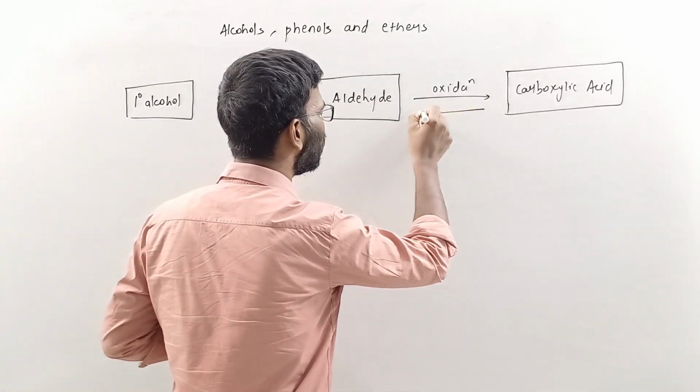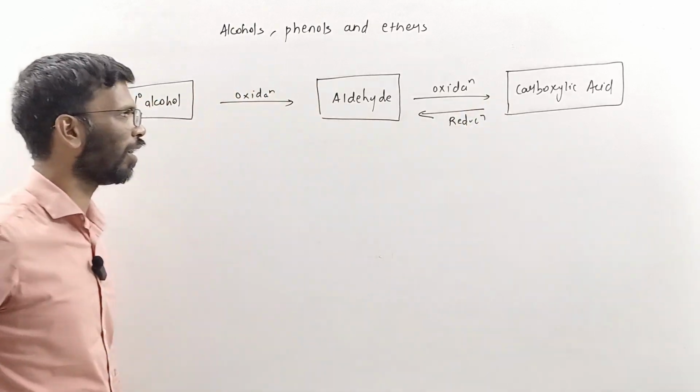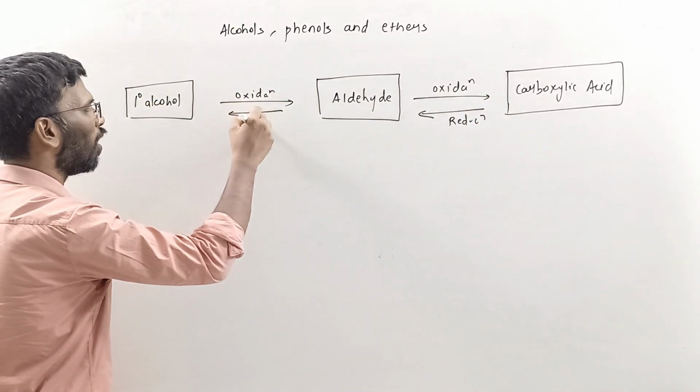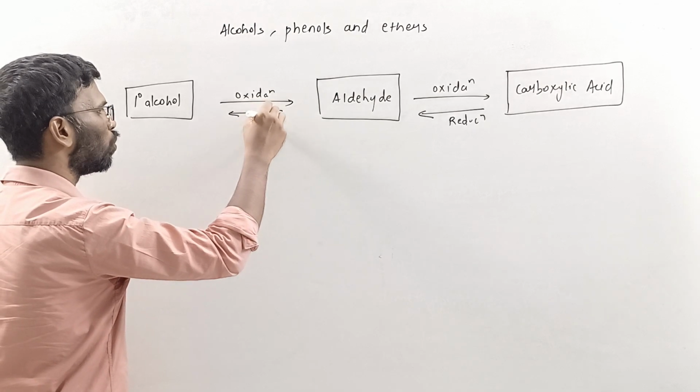The reverse holds true for reduction. If you do the reduction of the carboxylic acid, you will get an aldehyde, and if you do the reduction of the aldehyde, you will get a primary alcohol. The reverse is also true.